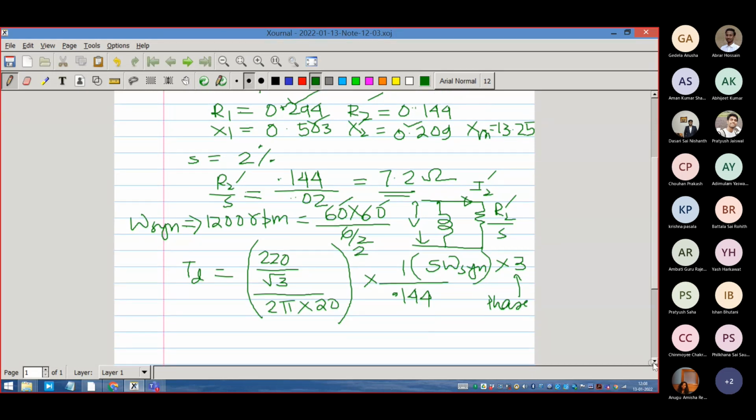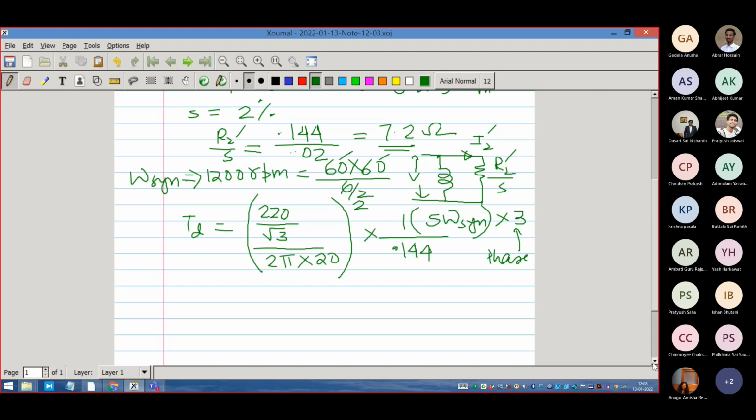Now if I put in the numbers, in fact I should have put S omega sin also, but I want to show you this part separately. S omega sin is equal to how much? S is equal to 0.02, into omega sin. Omega sin is equal to 2 pi into 20.